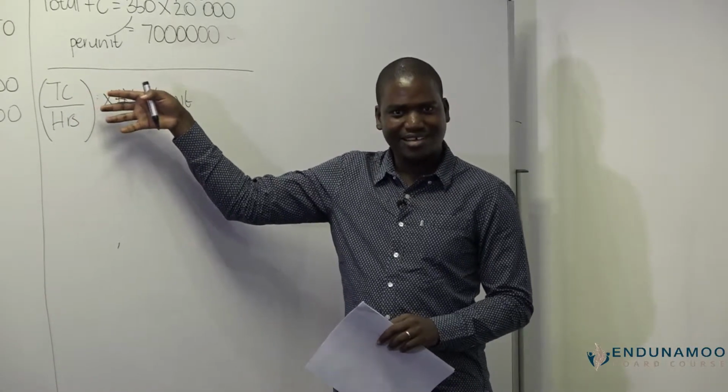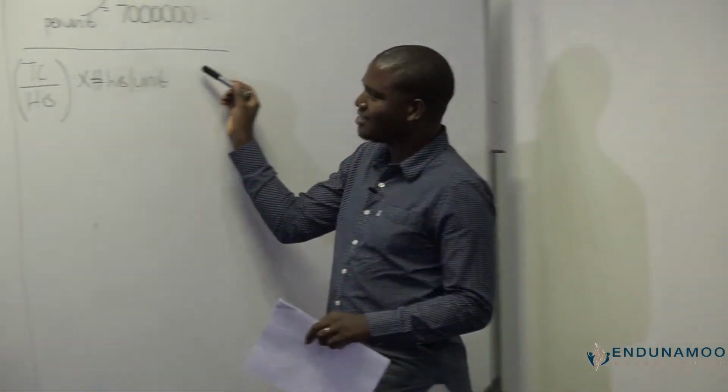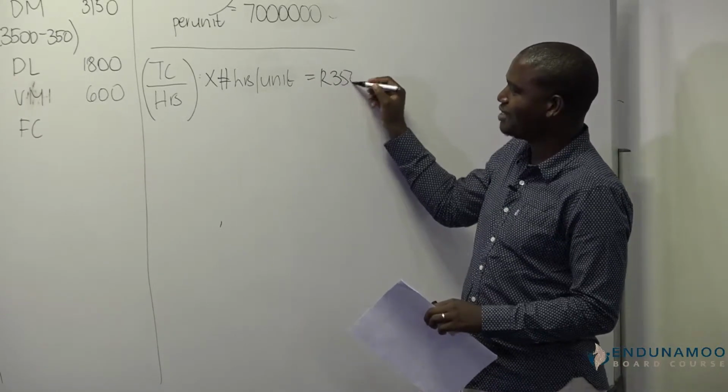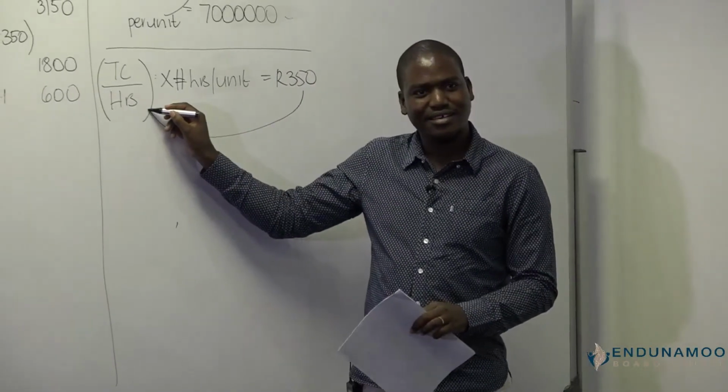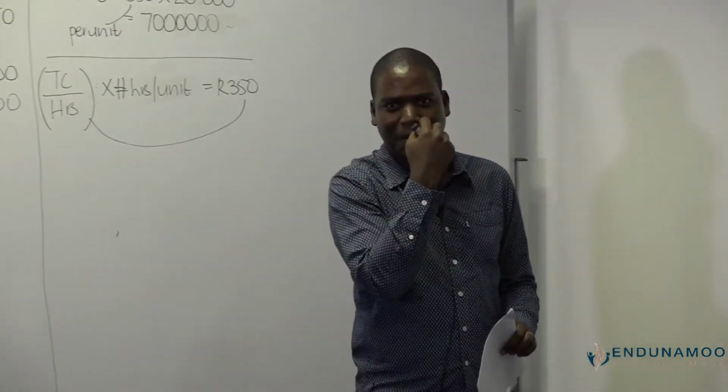How would you say it? It was based on actual total. Yeah, but I'm asking the same question: the answer that I'm going to get out is 350, so the 350 has been based on this. Hours per unit should be 22.5.